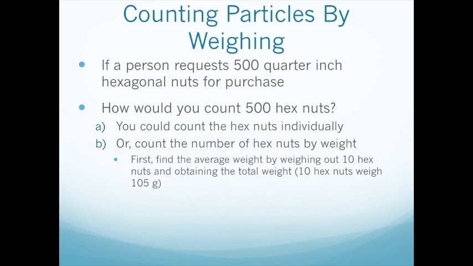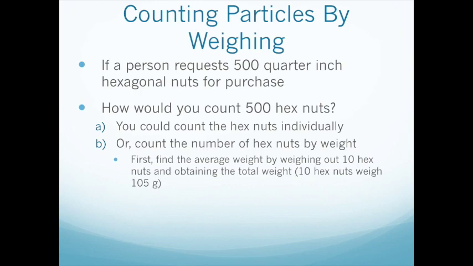So, counting particles by weighing. The baby example that we use here to introduce this concept: if you have a box of hexagonal nuts and you want to count out 500 of them, you could sit there and count out all 500 nuts individually, which would take a while, or you could weigh a small number of nuts and figure out how much each nut weighs by dividing the total weight by the number of nuts.